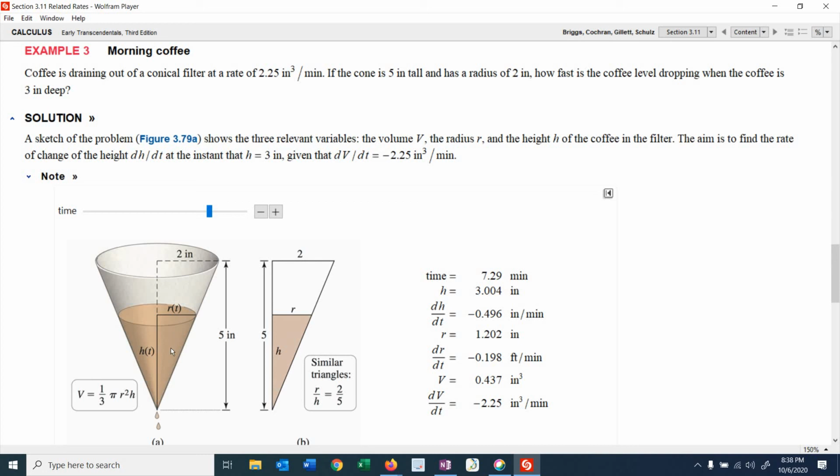And the rate at which it's going down, dh/dt, right when h is 3 inches, which is somewhere in here, because this is 5 inches, the rate at which the height is dropping with respect to time, right when h is equal to 3, is about half an inch every minute. Okay, that's the rate of change in the height with respect to time, right when h is equal to 3 inches.